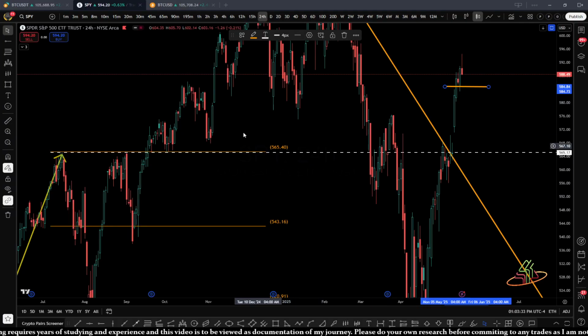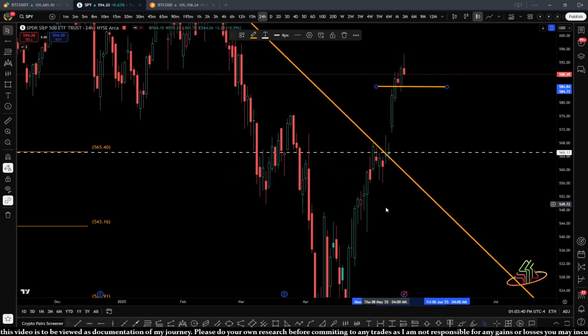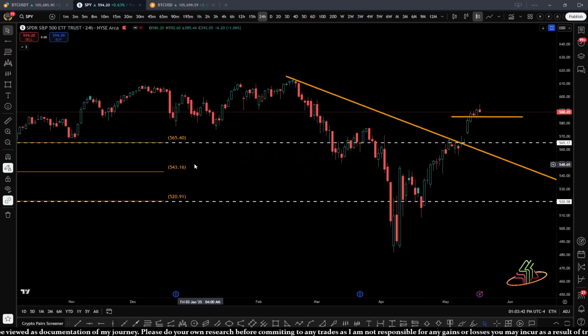Outside of that, we did start talking about using Bitcoin, because all this market moves together. So if Bitcoin is dropping crazy, then we know that the market is going to drop crazy at some point. There is a rumor, and this is just from me researching years ago, that at some point Bitcoin should decouple from the market, and basically Bitcoin should just become what the DXY is, right?